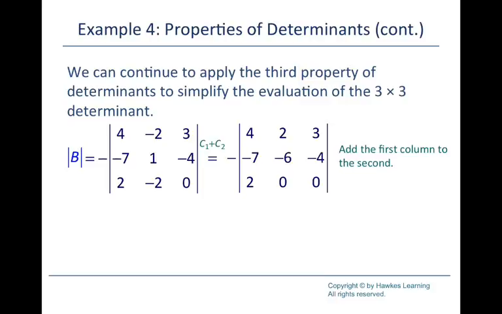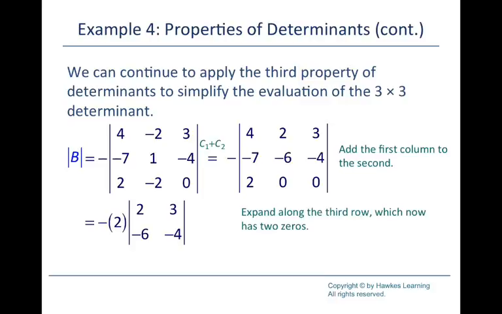And what that does is that gives us another 0 in that third row. Okay. Then we're going to expand along the third row.